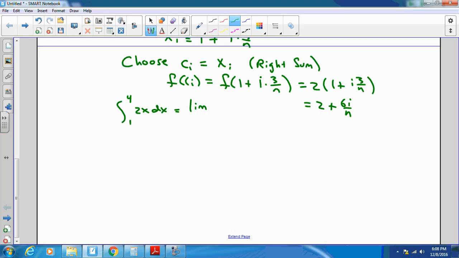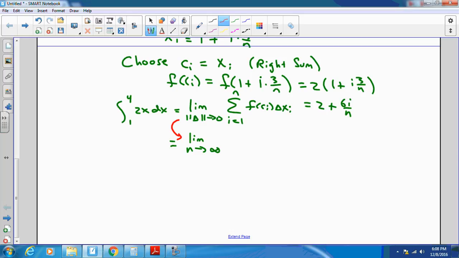Our integral is going to be equal to the limit as, now if we want the mesh size to go to 0, here I'm writing my Riemann sum form, and the way to do that here is to let n go to infinity.